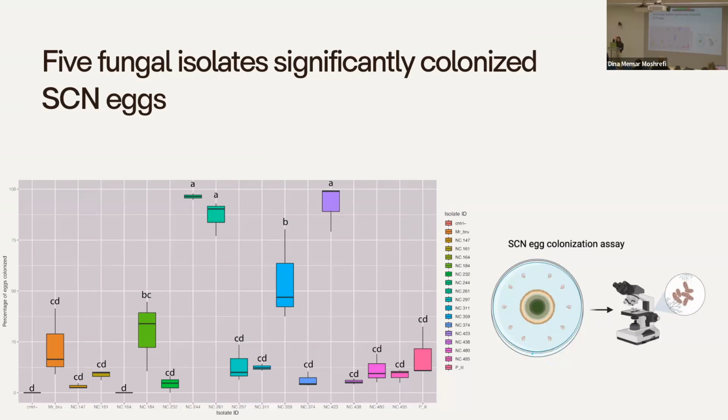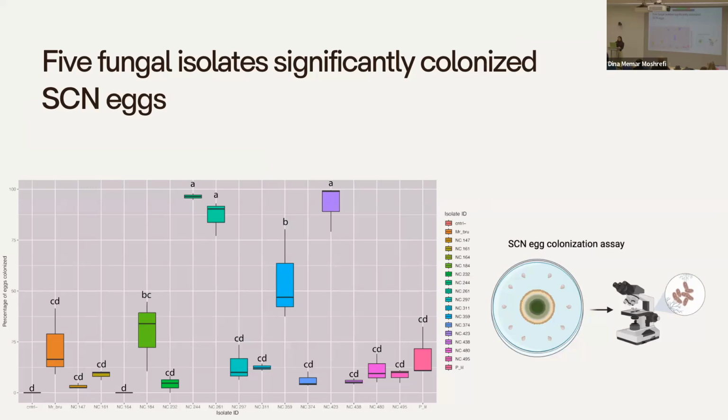So if you remember that female nematode with all the eggs inside, you surface sterilize those and plate them around a circle. You allow that fungus to grow, and then you look under the microscope at whether the egg was colonized or not colonized by the fungus.